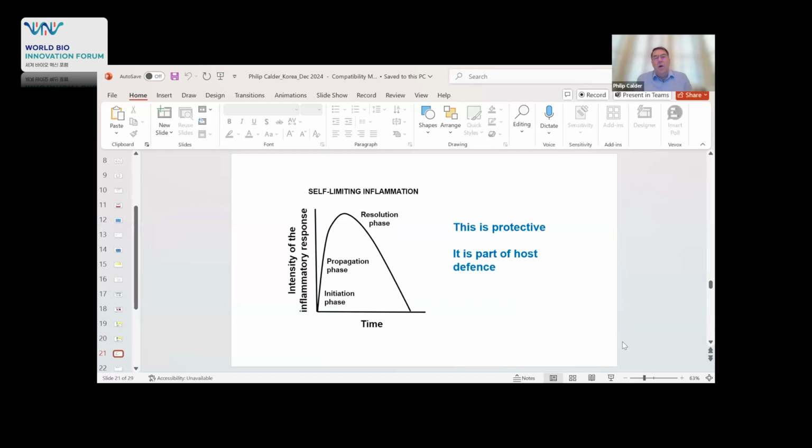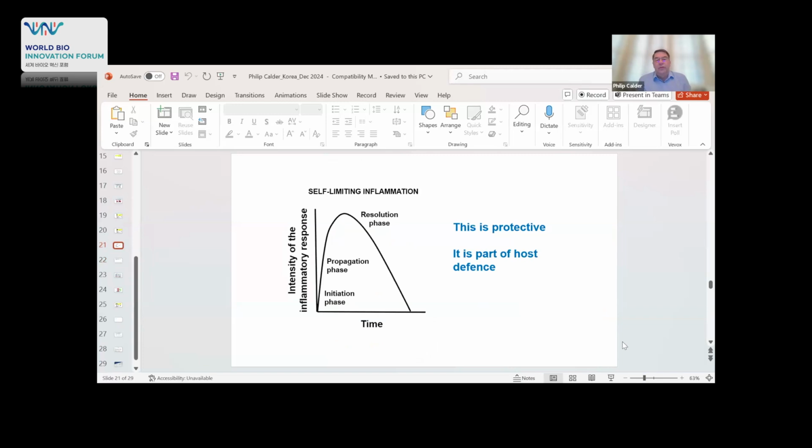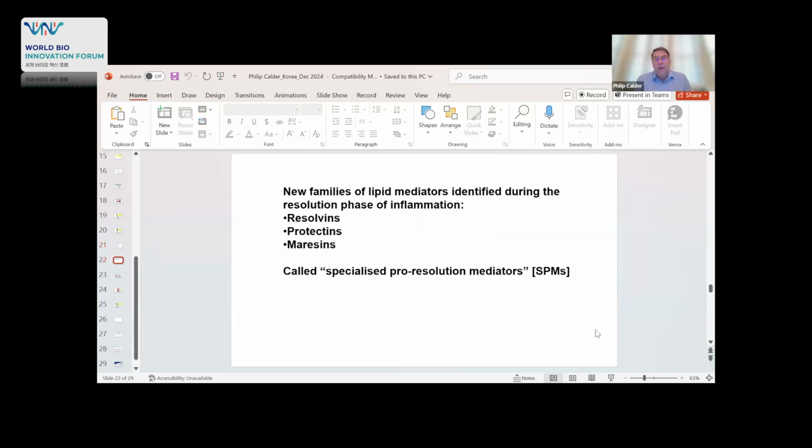I just want to go back now to inflammation resolution and the importance of resolution of inflammation in protecting the host against the adverse impacts of the inflammatory response. So researchers looked in model systems at what chemicals were produced during the resolution phase of inflammation, because this is actually an active process.